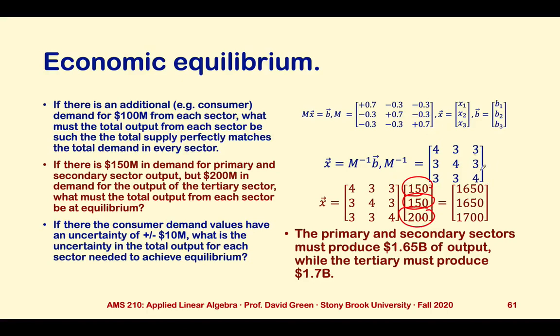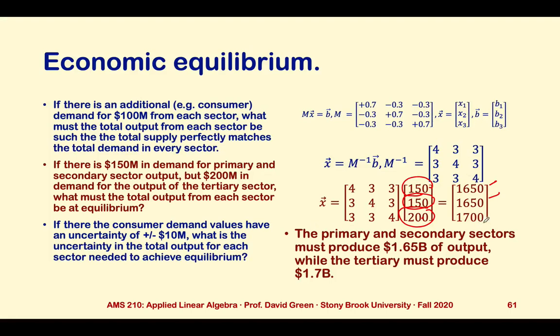You work through the arithmetic, you'll get 1650 for the second row, and for the third row, 1700. 3 times 150 is 450, plus 450 plus 800 gives us 1700. In this case, the primary and secondary sectors must produce 1.65 billion, while the tertiary must produce 1.7 billion.